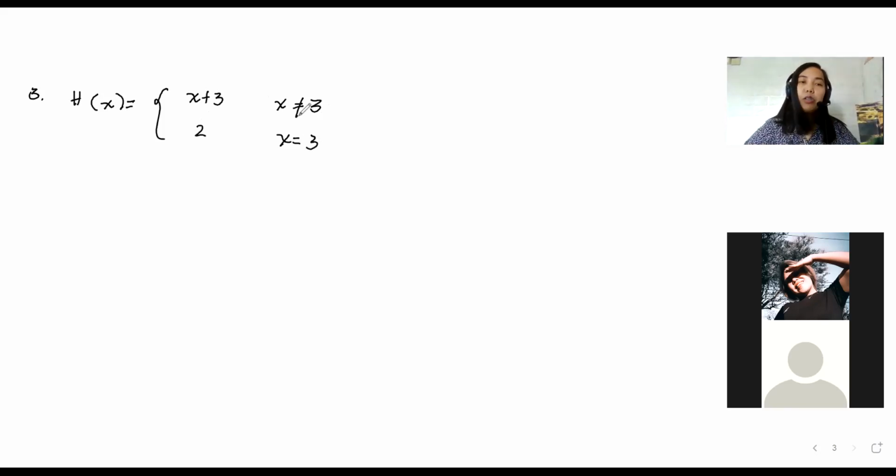Alright, number 3, h of x is equal to x plus 3 if x is not equal to 3. Okay, so you can use this equation, class, the first one, if the value of x is all real numbers except 3. So, ibig sabihin, line siya, pero dapat naka-open sa 3.